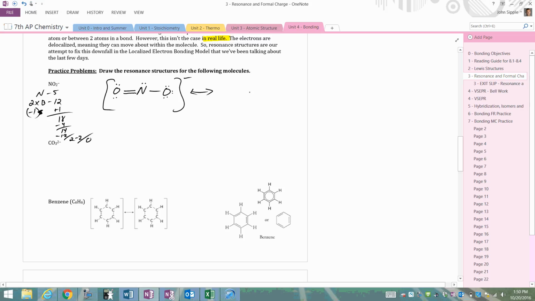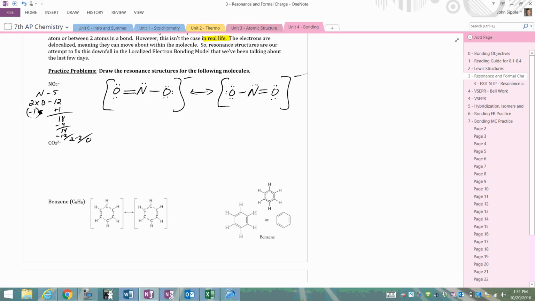That's just as easily an option there. So we're going to draw that one. Those are our 2 valid resonance structures.